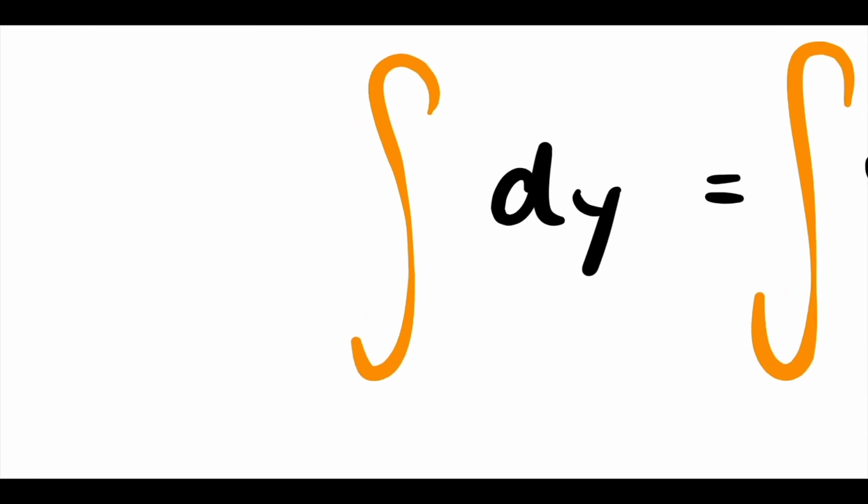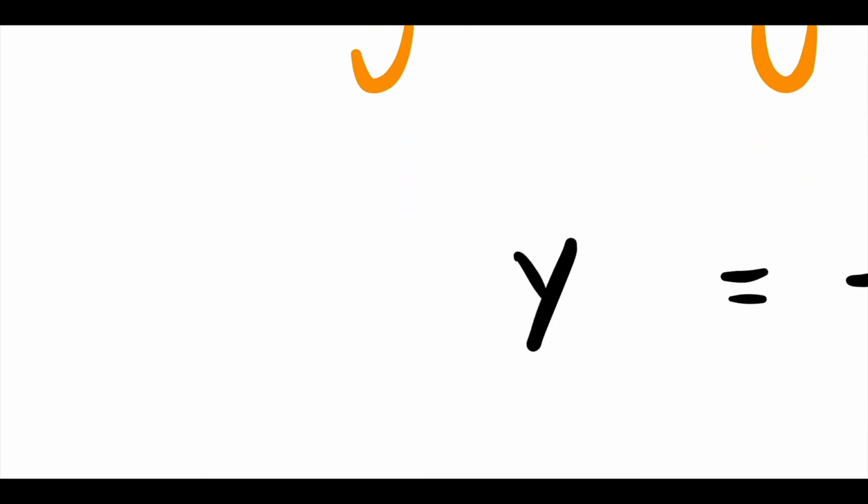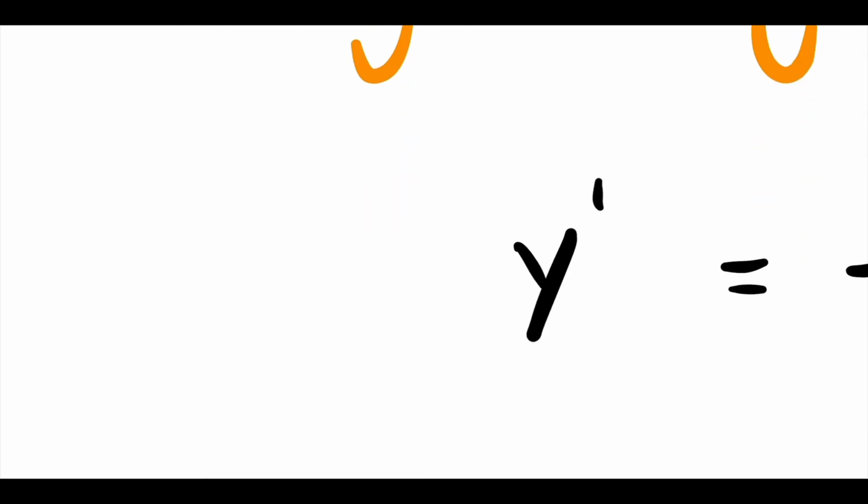Because there's a 1 in front. Really what you're finding is the antiderivative of 1. No power, so we add a power: y to the first, divided by 1, which is just y.